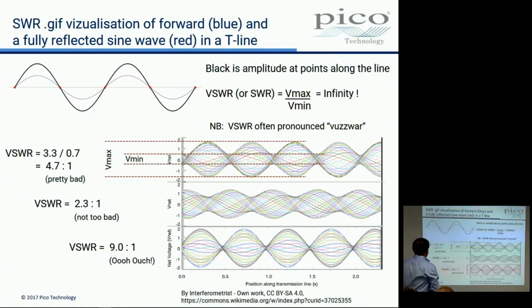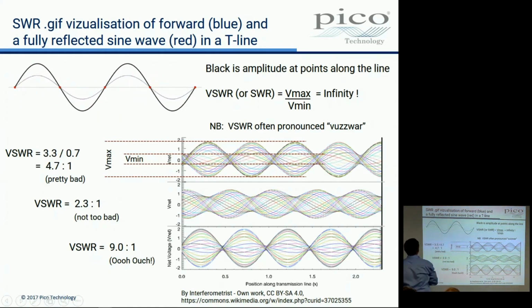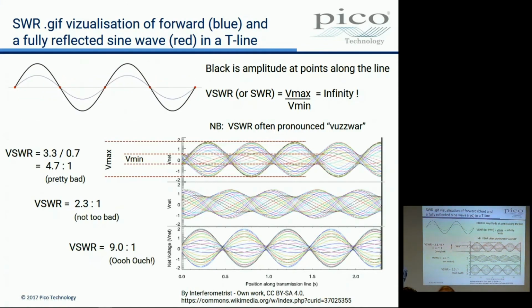Right, there's a little animation in here. There are all sorts of animations on the web to show you what this looks like. I'm going to try this one. There's my blue wave going forward along the line, and my red wave coming back.